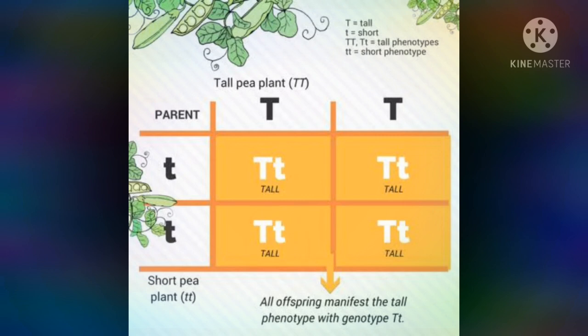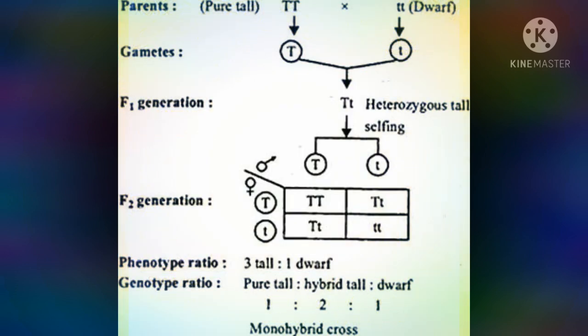Now see what exactly happened in the F2 generation. As we know, the pure tall and dwarf form the heterozygous tall in the F1 generation. Next, Mendel allowed selfing of the F1 hybrids, which are capital T and small t.